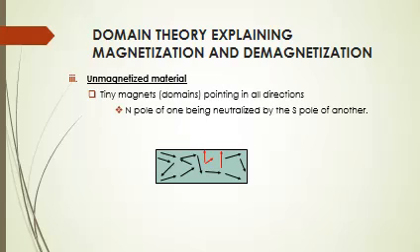But mind you, the north pole of one domain is being neutralized by the south pole of another. So keep following the arrows. You see that the north of the first arrow is being neutralized by the south of another pole.